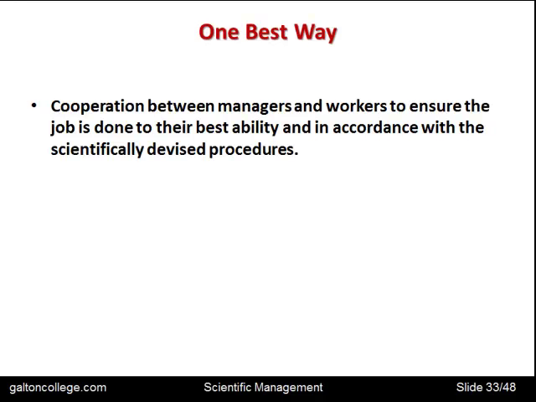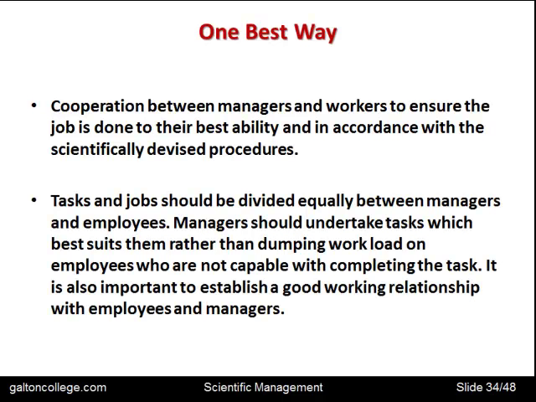When there are issues that the employees are confronting that are difficult, the management can come along and help and make suggestions and guidance, and they can intervene to try and remove the obstacle. So there is cooperation between managers and workers to ensure that the task is completed and completed efficiently.